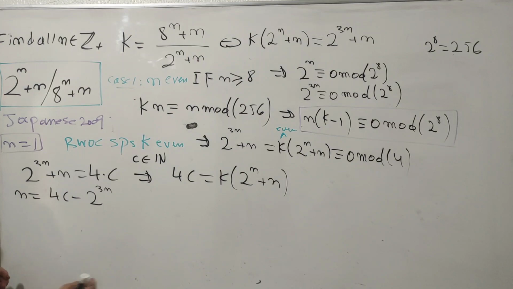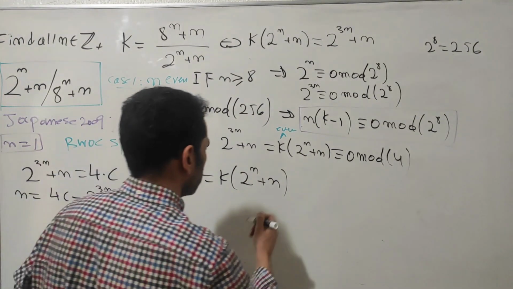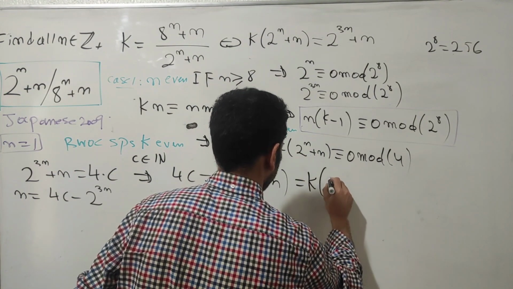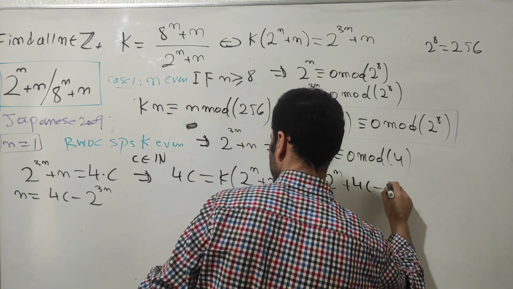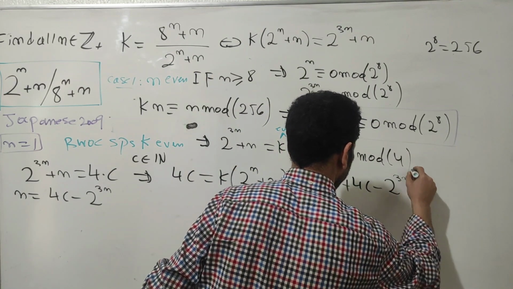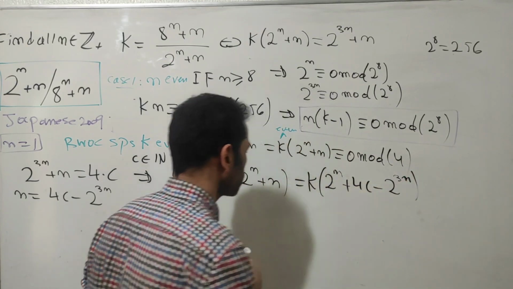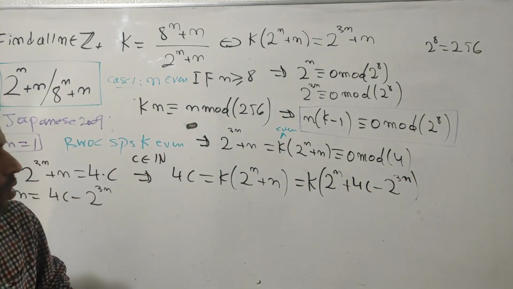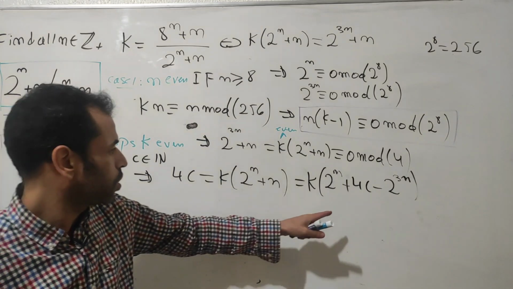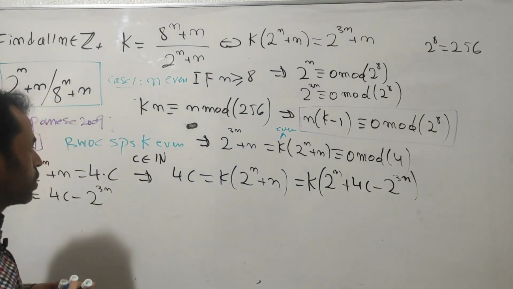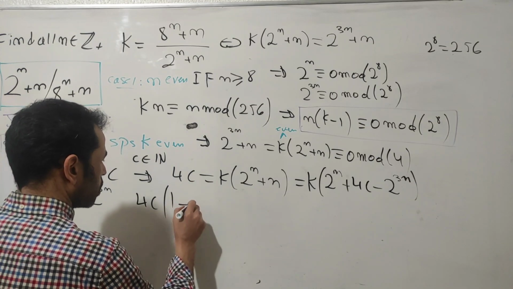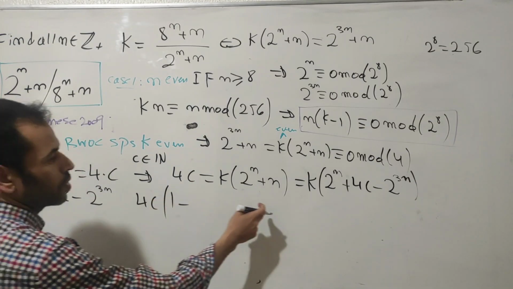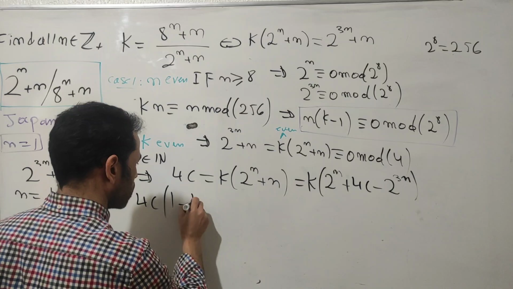Taking this value of n, I insert it back into this one here. So I get k multiplied by 2 to the n plus 4c minus 2 to the 3n. What to do here? I'm going to take 4c to the other side. So I get 4c as a factor, multiplied by 1 on one side, and the other term multiplied by minus k.